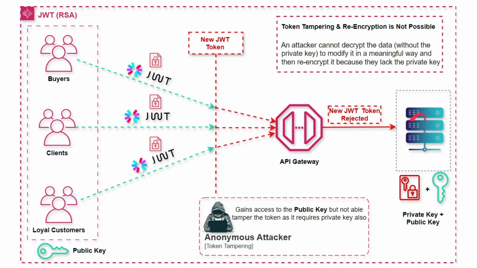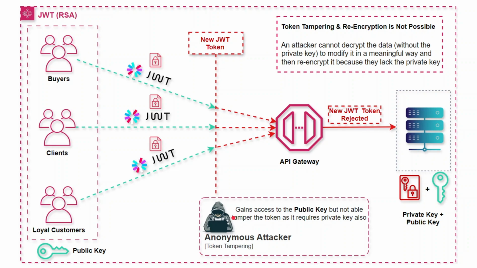Now the server will validate the token and respond to the users with whatever data they need. Even if an anonymous attacker intercepts the request and tries to tamper with or forge the token, he will never be able to do it, because with the public key he can only do the encryption, but he will not be able to sign the token because that requires the private key.